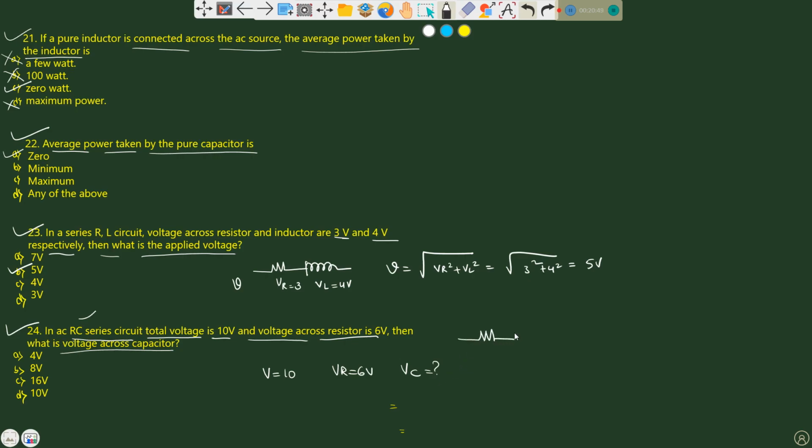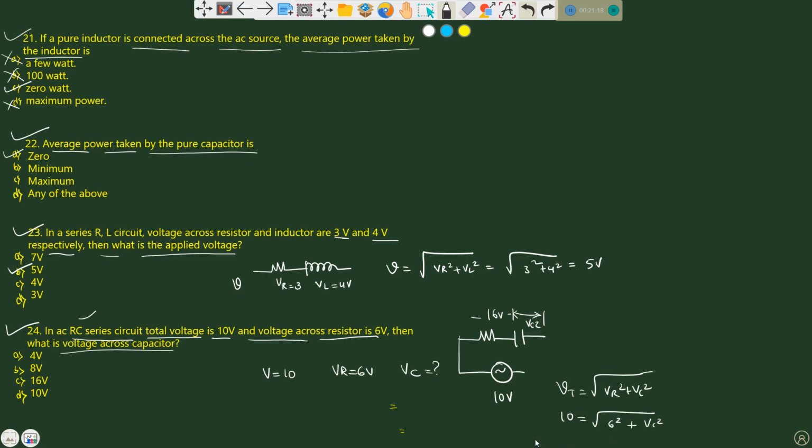So for the RC circuit, they have given 10 volts and 6 volts. Here Vc we need to find. We know that Vt equals under root of Vr square plus Vc square. Then you will get 10 equals under root of 6 square plus Vc square. So we need to find Vc.